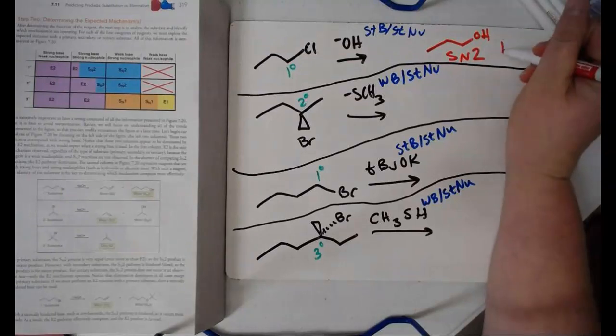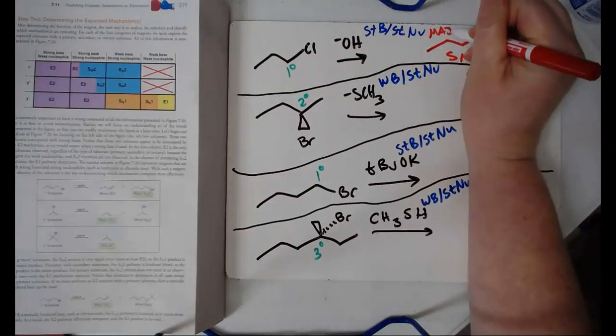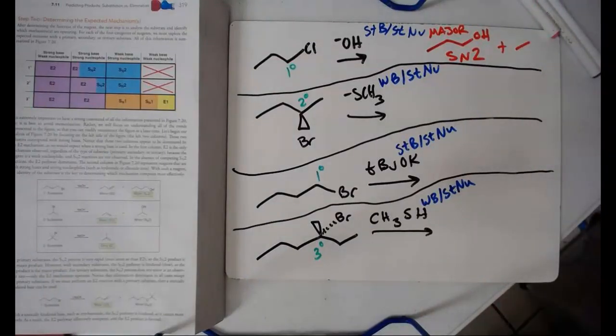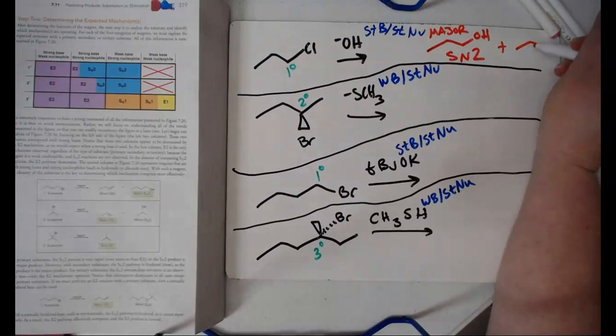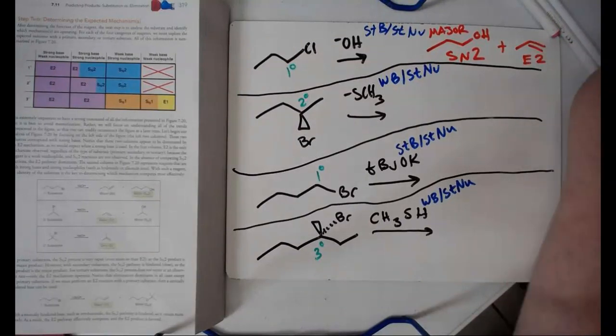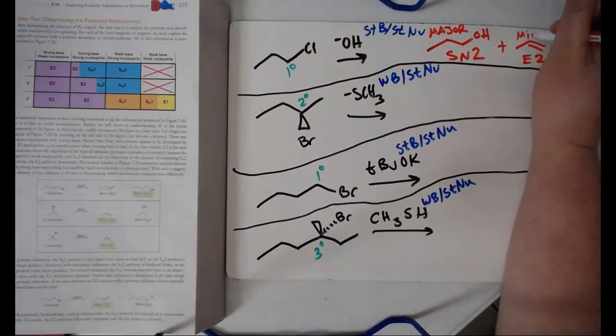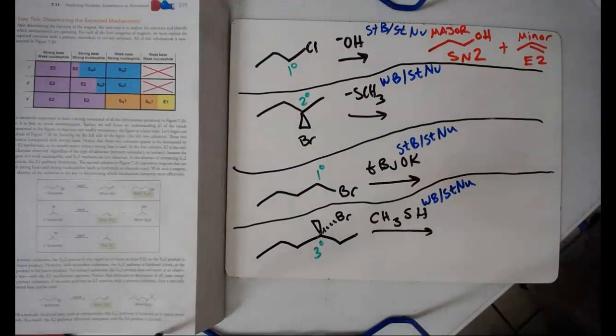We wanted to draw out the minor product, the E2 product, so we have a double bond between the alpha and beta carbons. There's no stereochemistry to worry about for either one of those products because we don't have any chiral centers, and that double bond cannot be labeled as either cis or trans.